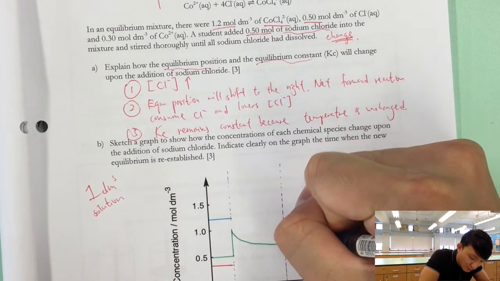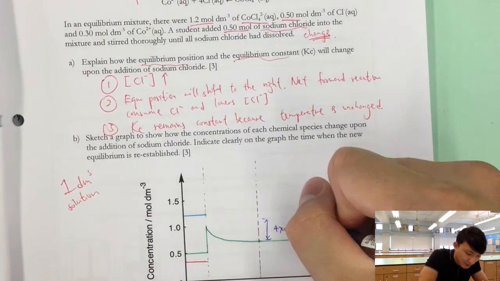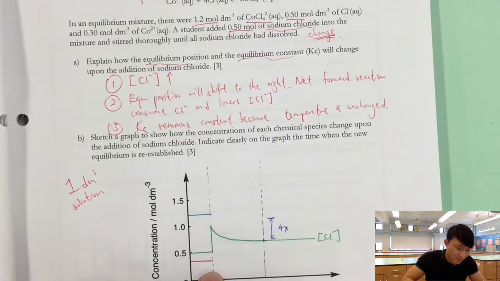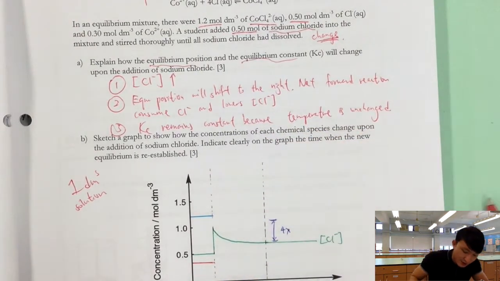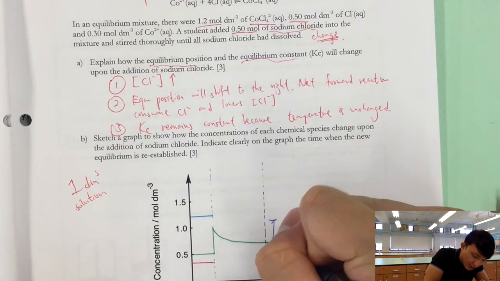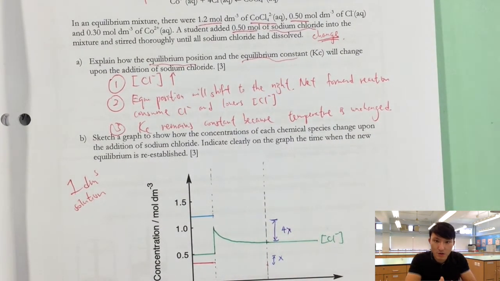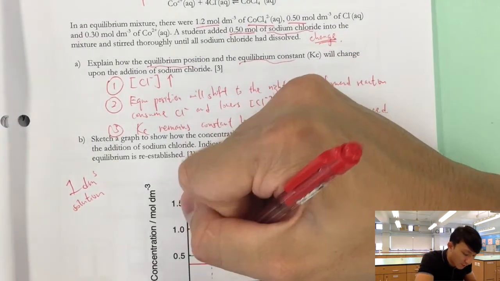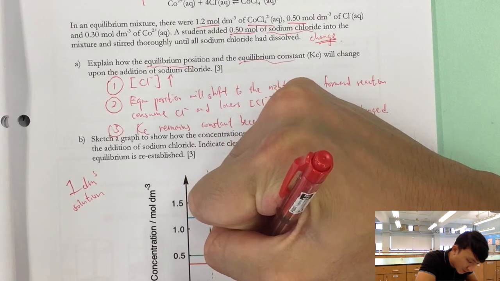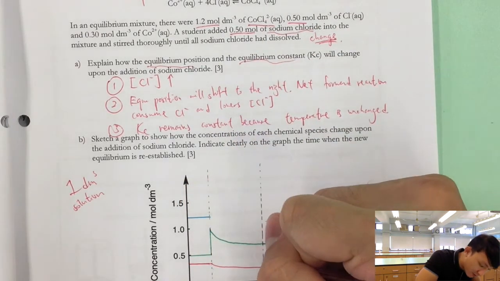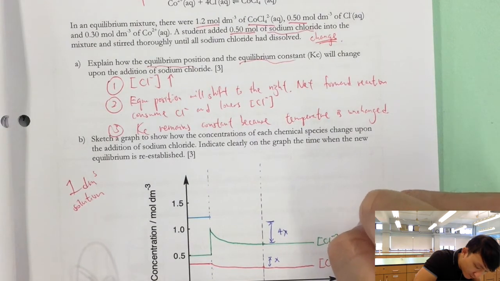So if this one is 4x, I just make up a number, then over here, when you have to illustrate the decrease, you should only show x, okay? You must draw to scale. Of course, they will not be that straight, but at least you have this idea in your mind.